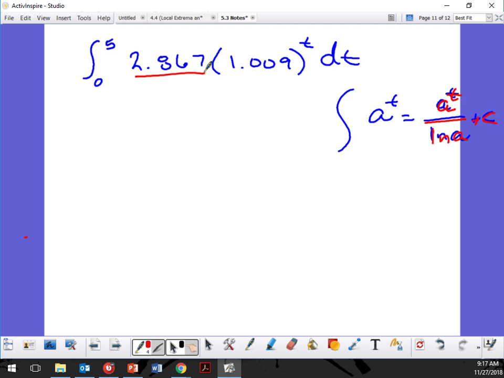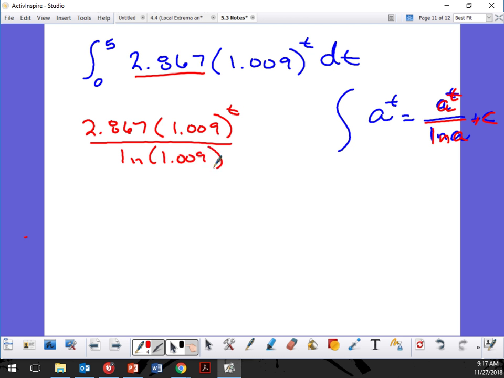Okay, so it's going to be 2.867 times a of t, which is going to be all this, over ln of, plus c. But do I need the plus c? No. Because I have bounds. Yep, I have bounds. Because I'm not going to have a plus c.